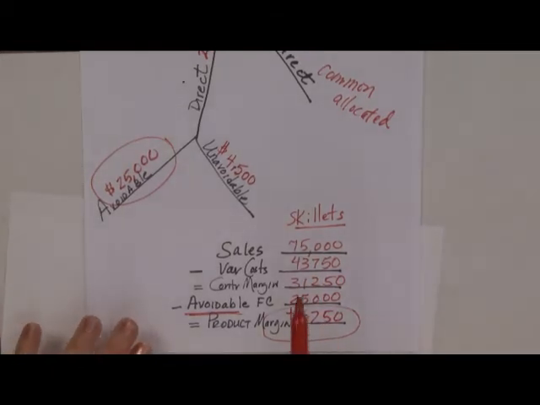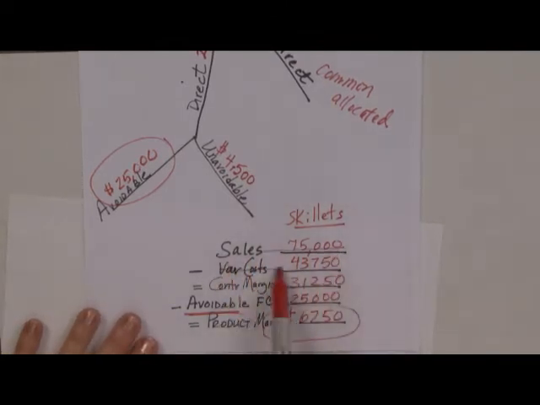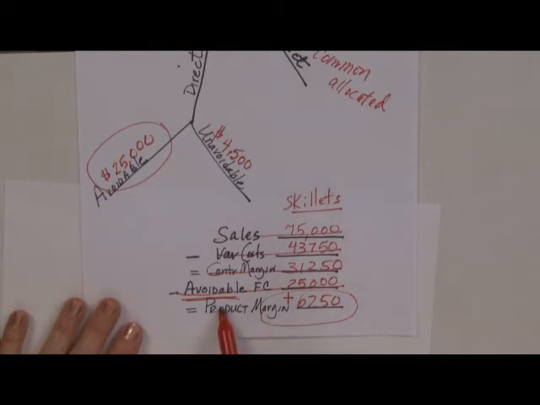Finally, I want to show you, if you close the skillets department, the sales go away, the variable cost goes away, the contribution margin goes away, the avoidable fixed costs go away, and unfortunately, this product margin goes away as well.